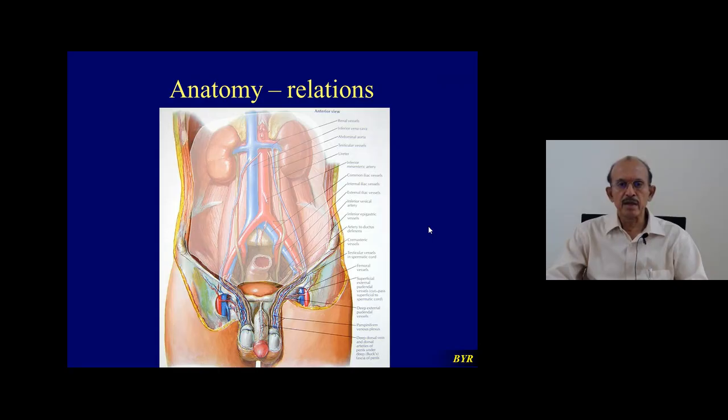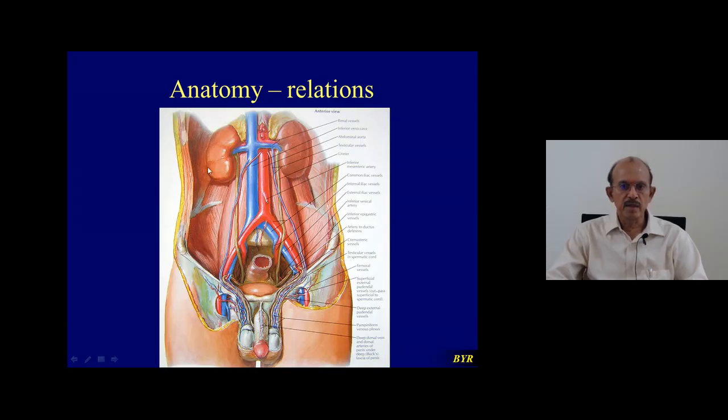The relations of the urinary organs. This is the posterior parietal peritoneum. The urinary organs are situated in the retroperitoneal region. The kidneys, the ureters, and the bladder are all extraperitoneal. So once you remove the peritoneum, you can see these structures well.